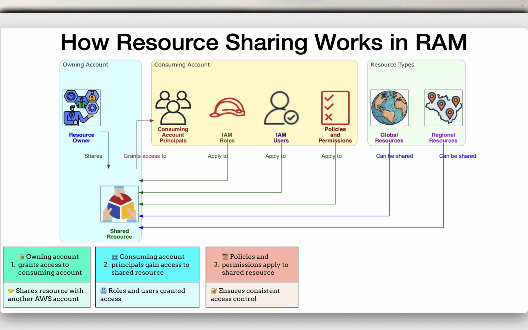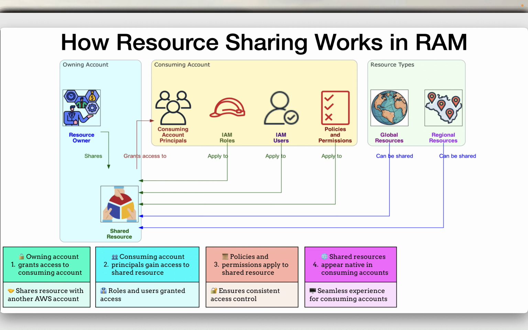Any policies and permissions that apply to roles and users in the consuming account also apply to the shared resource, ensuring consistent access control. The resources in the share look like they are native resources in the AWS accounts you shared them with, providing a seamless experience for the consuming accounts.